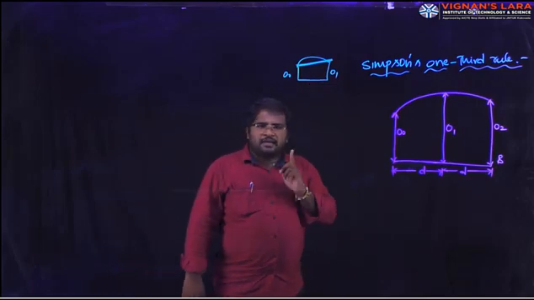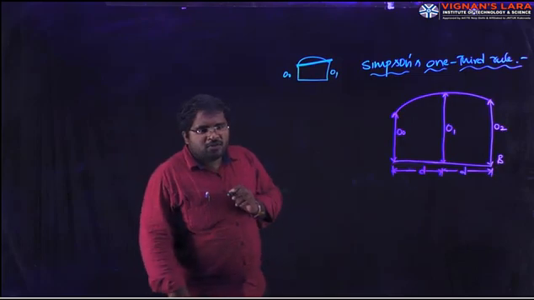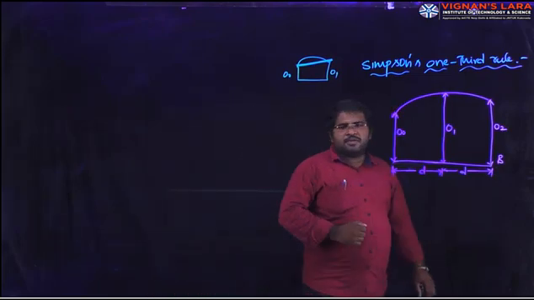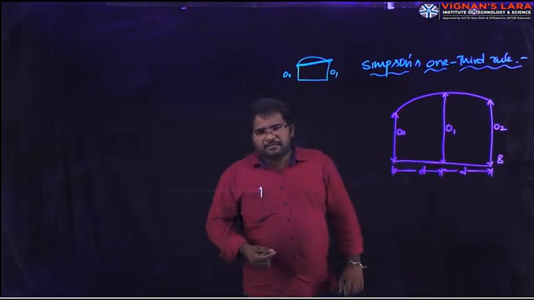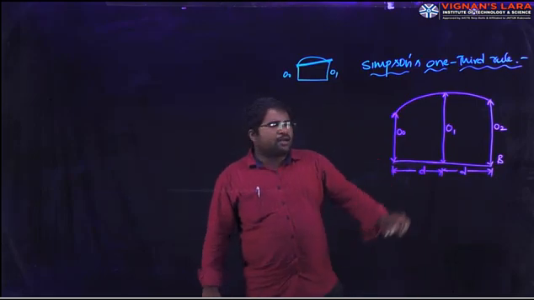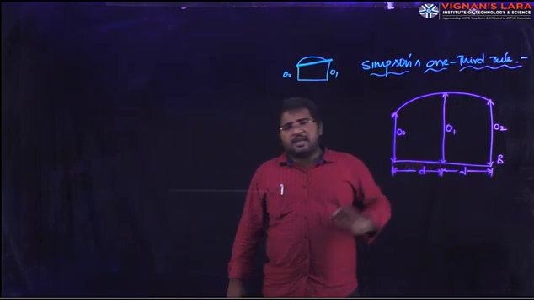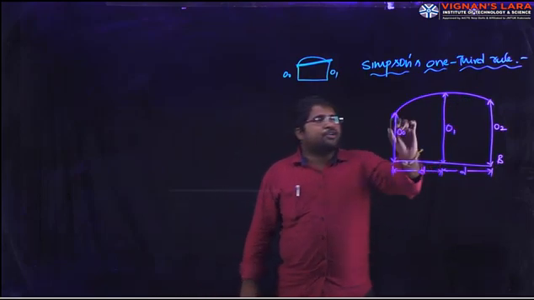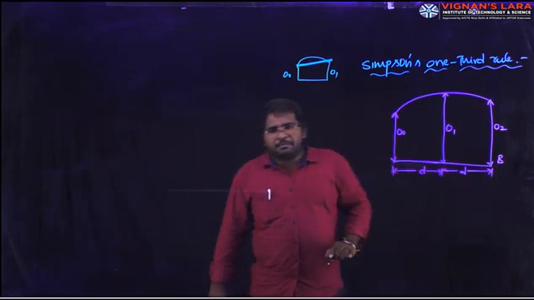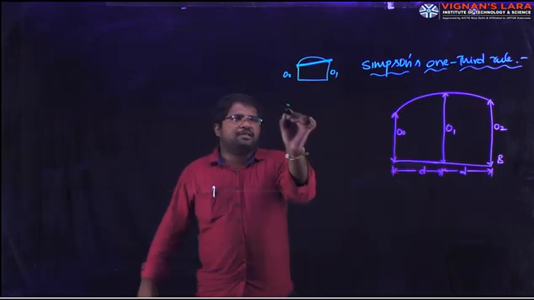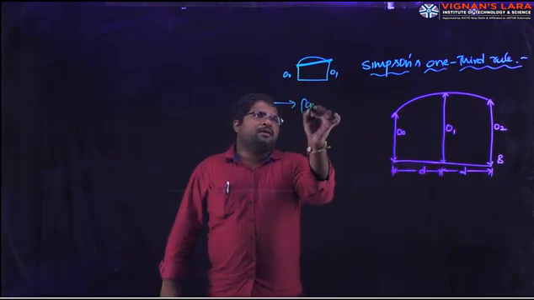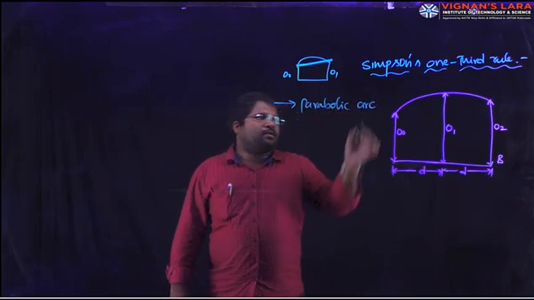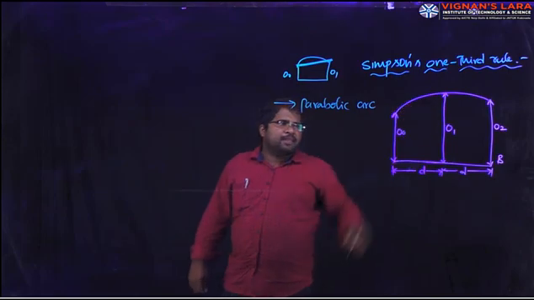Simpson's 1/3 rule is going to give us the correct readings. Here we are not going to consider the boundary line as a straight line, but we are going to take it as an arc of a parabola, a parabolic arc.